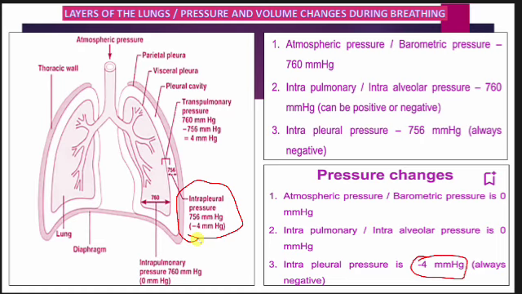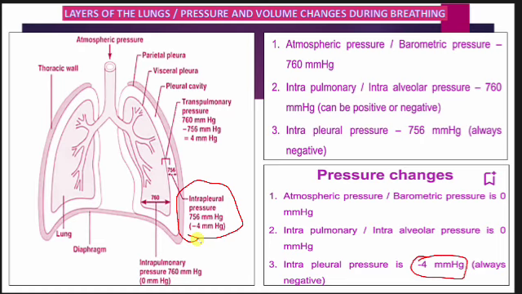Look, in the respiratory tract, the value for the atmospheric pressure is what? 0, right? And the value for intrapleural pressure is what? Mathematically, intrapleural pressure is what? Good. Difference between intrapleural pressure and atmospheric pressure.